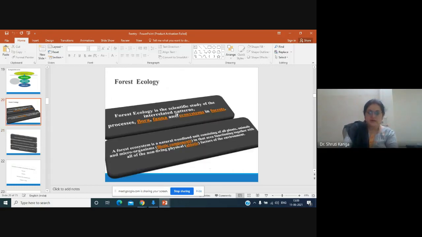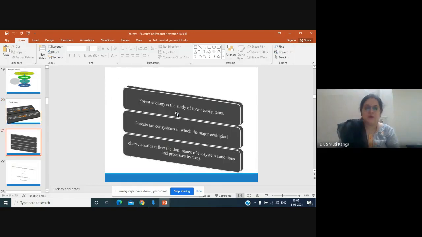Like in the definition also, what we have told, that for study of forest ecosystem. Okay, forest ecology is the study of forest ecosystem, and forests are the ecosystem in which the major ecological characteristics reflect the dominance of ecosystem conditions and processes by tree.